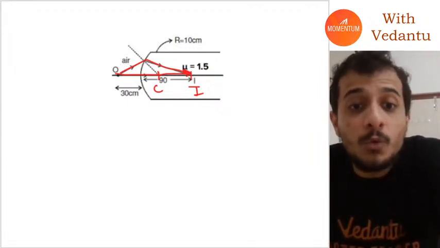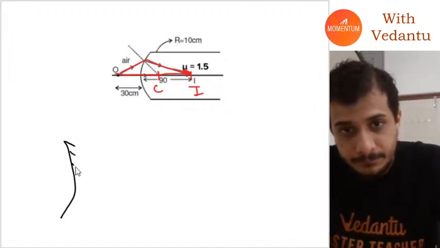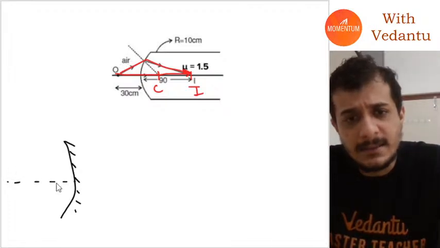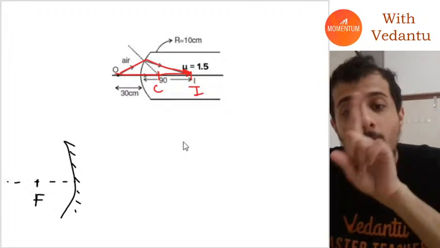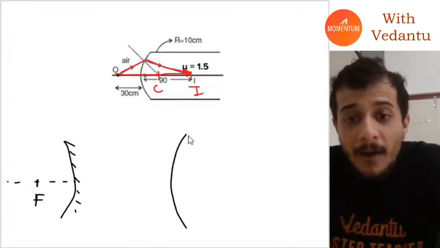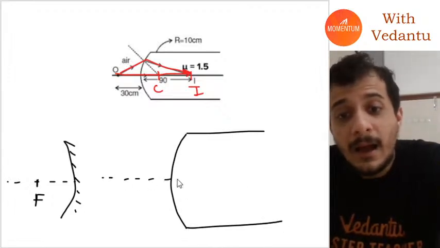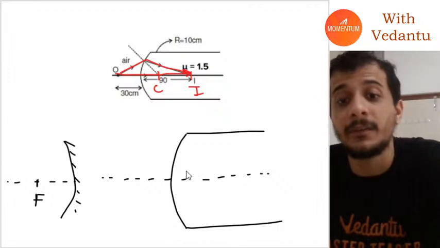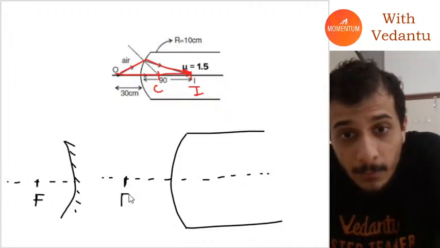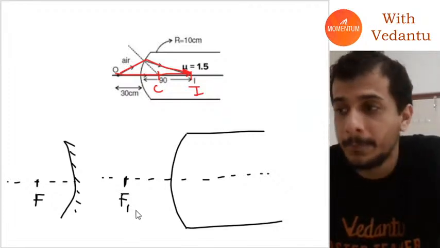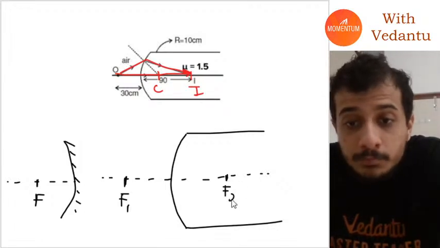Now you have to remember this: a mirror only has one focus. But if I have a spherical surface like this, it will have two different focuses. One focus will be on this side, called focus 1, and the other focus will be on this side, called focus 2.